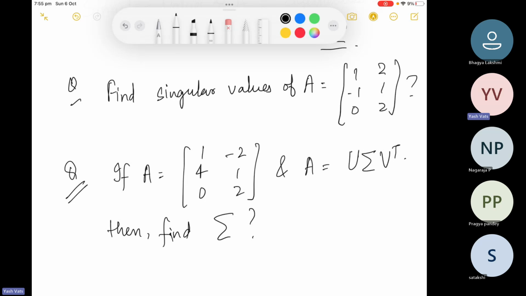So you just try these questions, use the singular value decomposition, and let me know the answers.